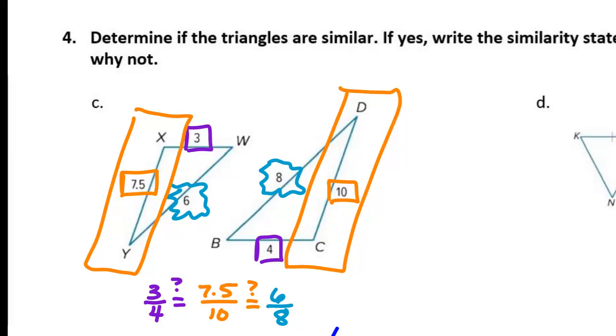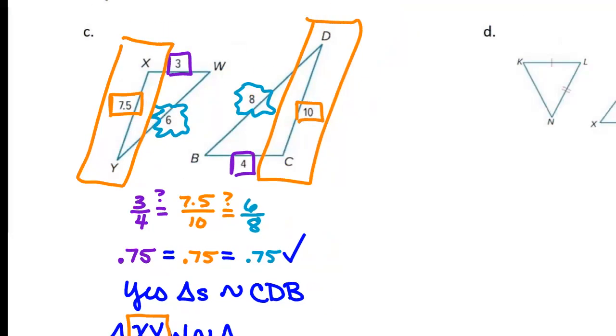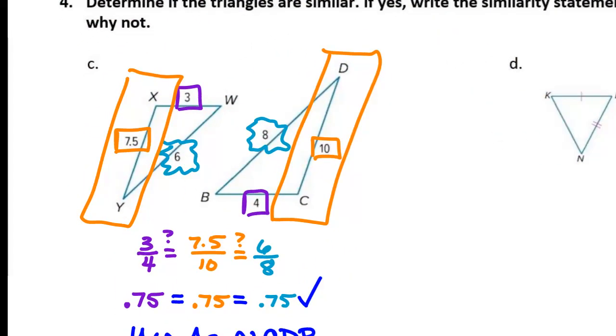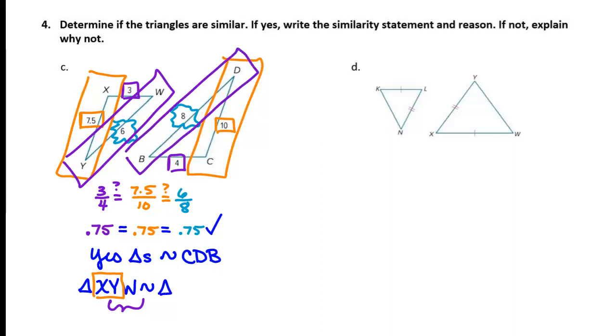Should I put the D first or the C first? C should go first. So C, D, and then B. I can keep checking this if I need to. So the second two letters, the Y and the W, that's going on this side. That corresponds to this.